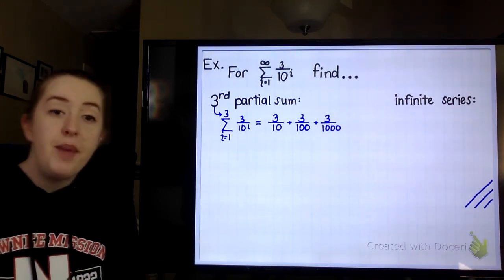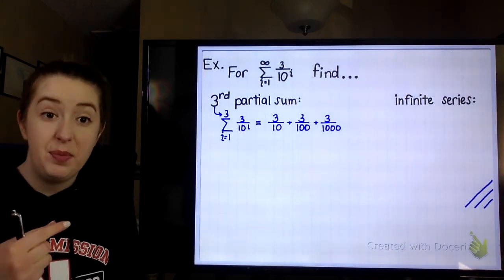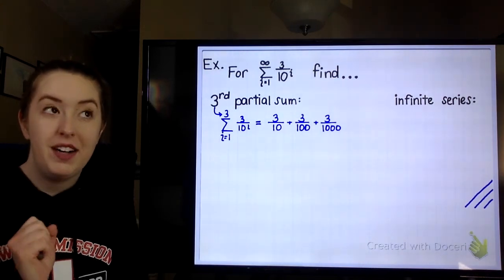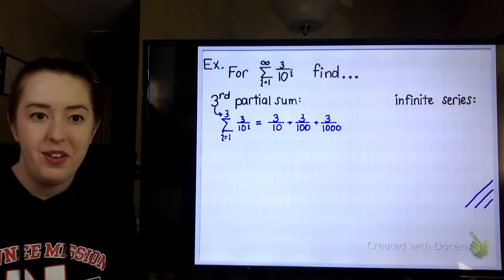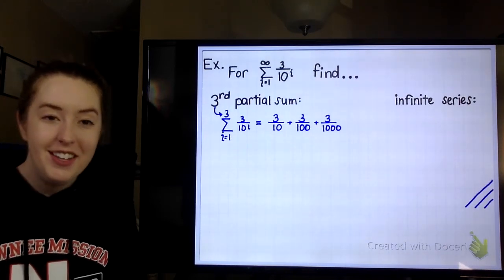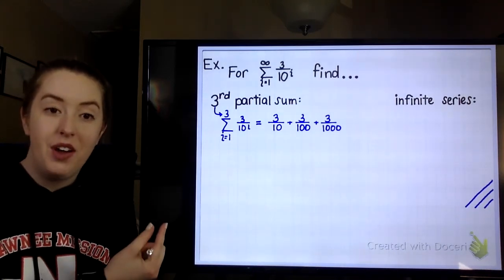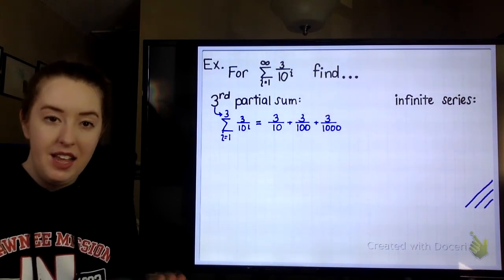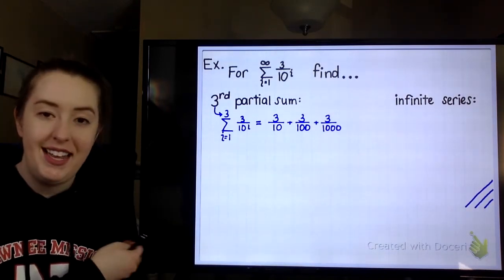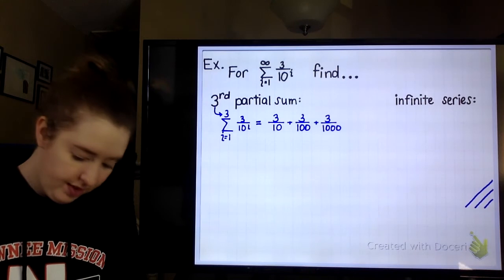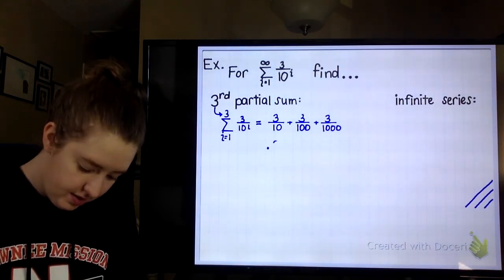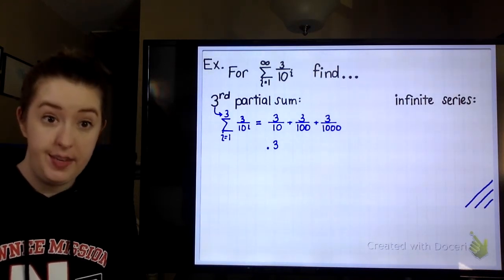Now I want you to think back when you started learning about decimal places and what those spots on the other side of the decimal point were called. So remember, that first spot was called the tenths place, right? That's because if I take 3 divided by 10, or I have 3/10, it's the same thing as 0.3. You see what I'm saying?